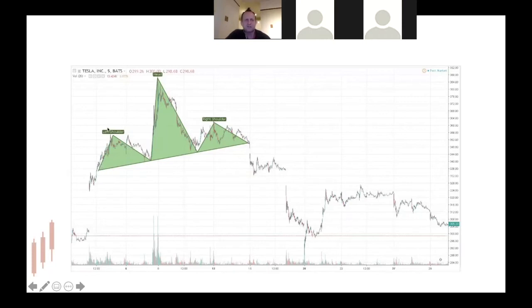We have this left shoulder, the head broke the highs of this, but with the right shoulder, we simply weren't able to cut it and come above the head. That basically tells you the asset is losing steam. It's starting to drop off. And sure enough, we have this breakdown here.